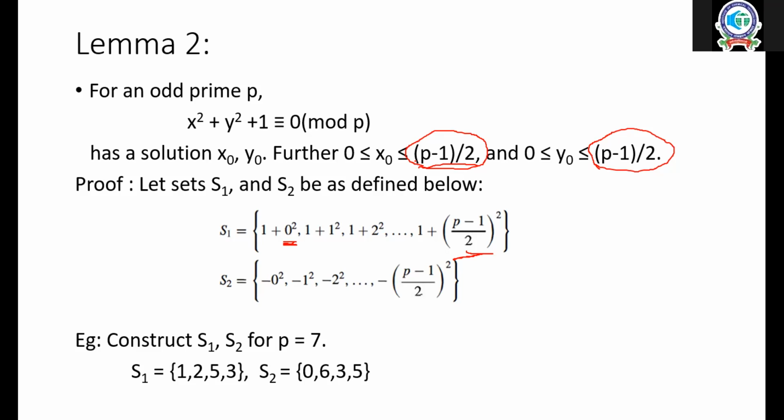Yes, correct. Diva, you are correct. Maximum p minus 1, because the maximum value is p minus 1 by 2 for both; even if I add them, I'll get p minus 1. So can a plus b be 0 also?